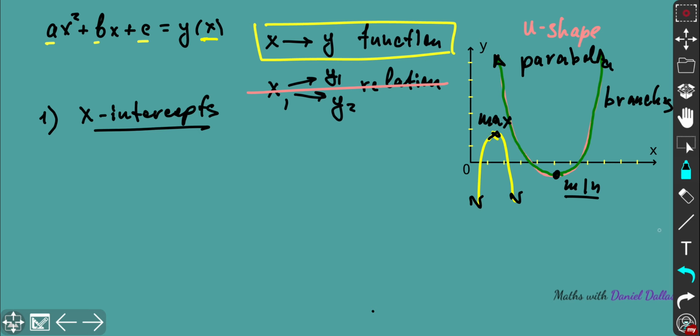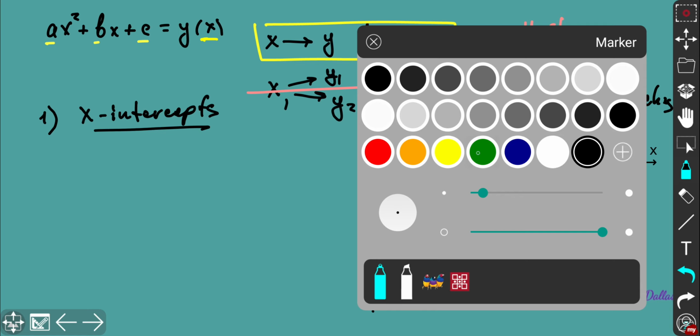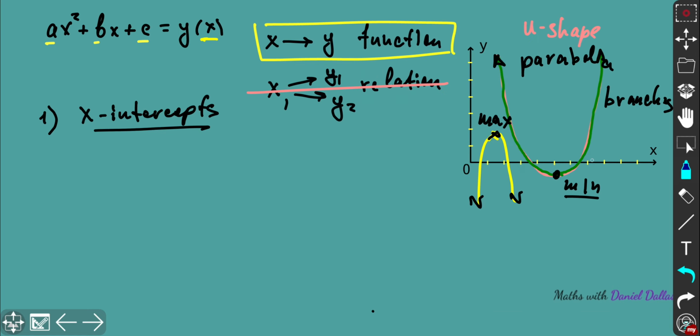In case the parabola crosses the x-axis, for example, if we consider the green one, we can highlight those points. They are called x-intercepts. In this case, we have 2 points of intersection.